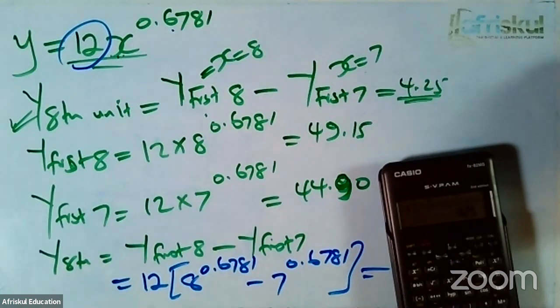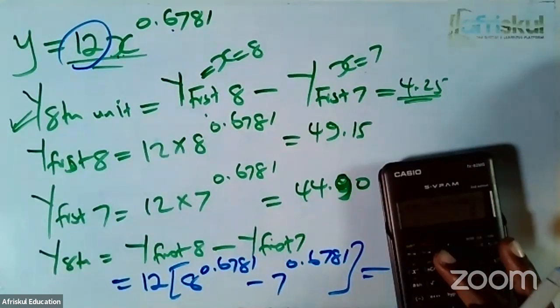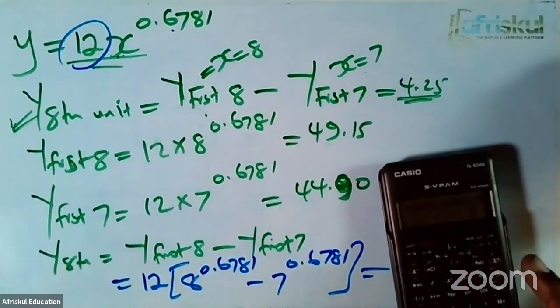So 12 times open brackets, we have 8 raised to 0.6781 minus 7 raised to 0.6781, close, equals. Oh, there is a major bracket that we forgot here.